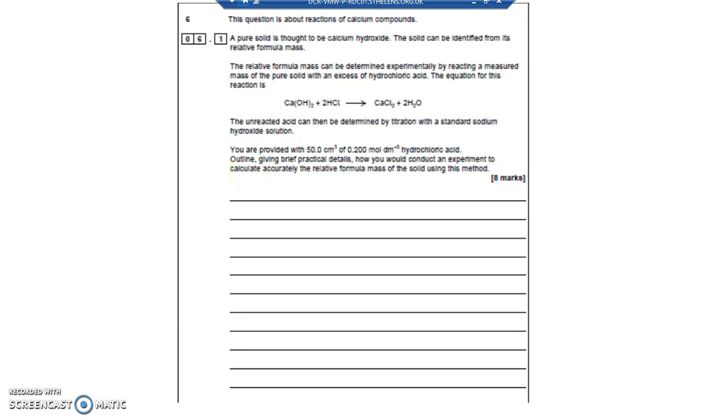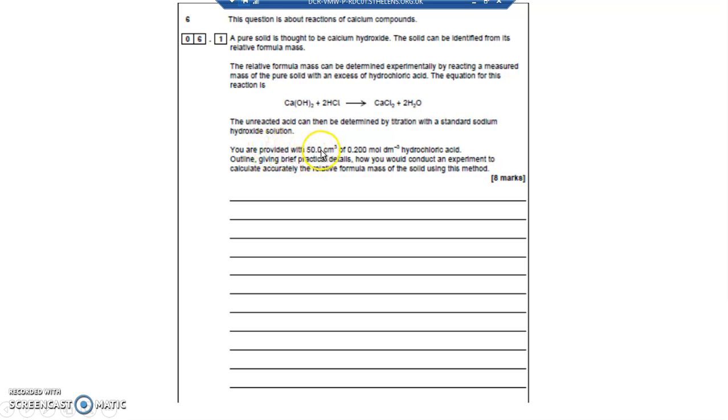Knowing the concentration and the volume, you can work out the number of moles of sodium hydroxide that you need to add to react exactly with the HCl. Therefore, you can work out the number of moles of HCl that you've got left over, and therefore you can work out the number of moles of calcium hydroxide. That's the way it's going to go. Let's see it now in more detail.